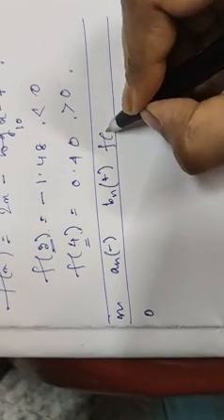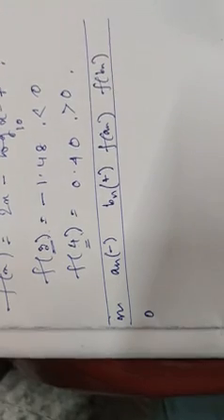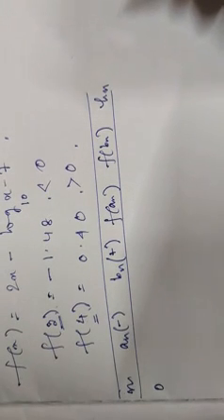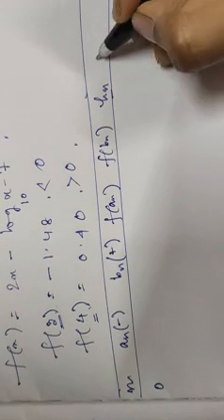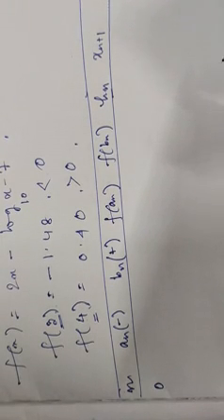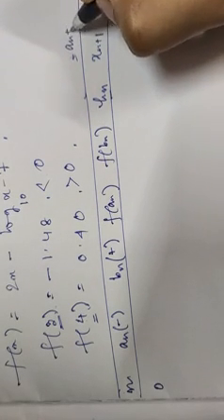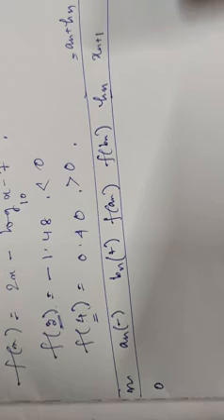Then f(an), f(bn), then the value of hn. Next is xn plus 1, which equals an plus hn, and then f(xn plus 1).